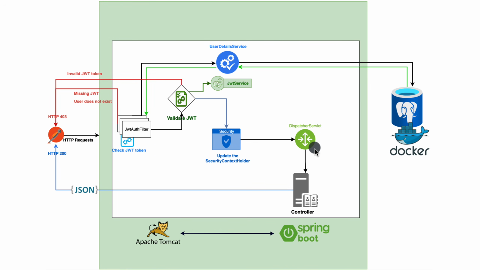Before we start the implementation process, let me first explain how this JWT validation mechanism works. The whole story starts when a client sends an HTTP request to our backend system, which is running as a Spring Boot container on an embedded Apache Tomcat server.